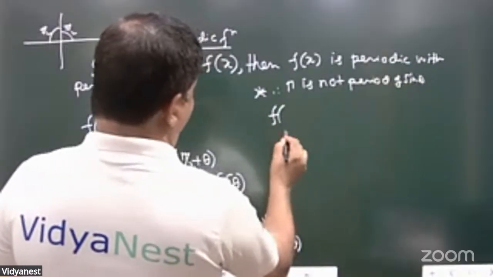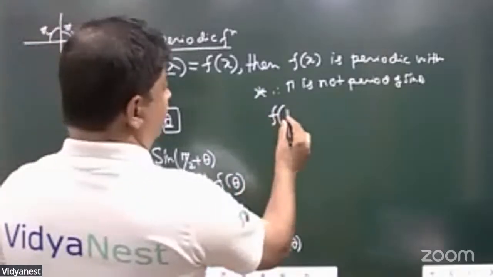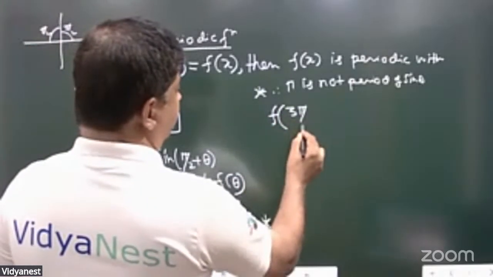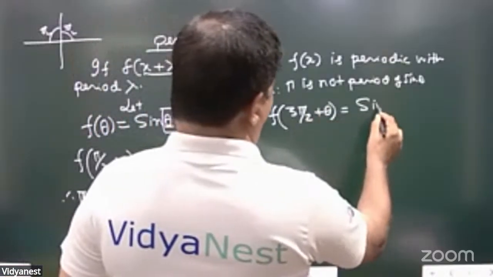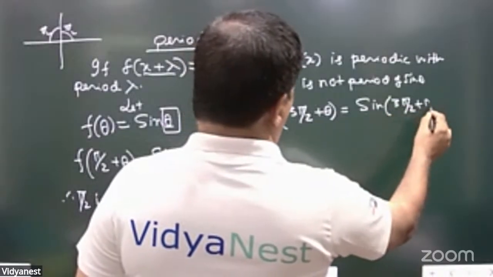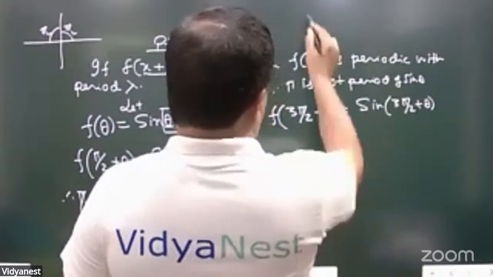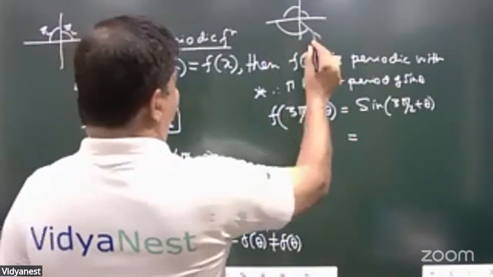Now let us give pi by 2 more increment, meaning theta plus 3 pi by 2. Sine of 3 pi by 2 plus theta lies in the fourth quadrant.